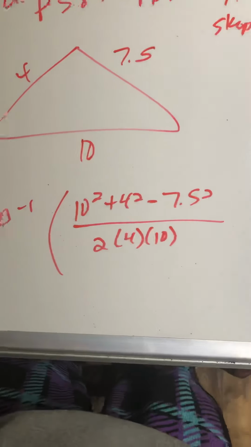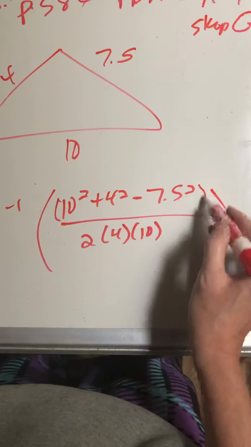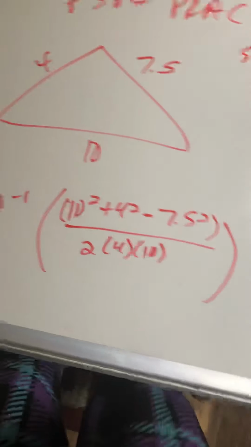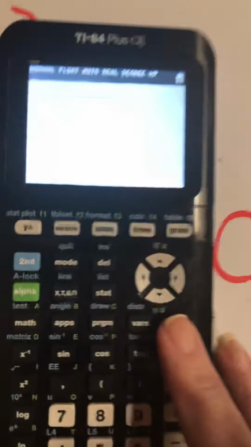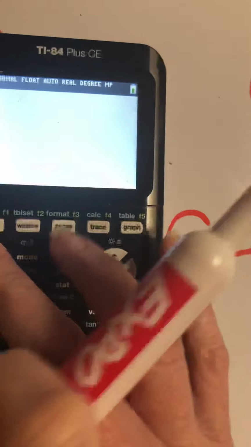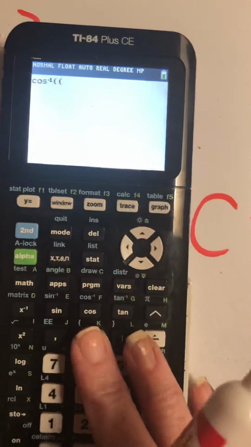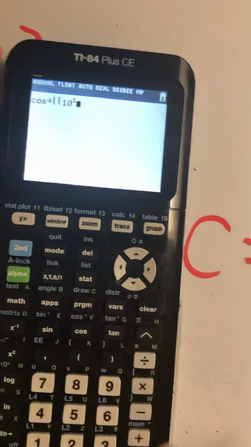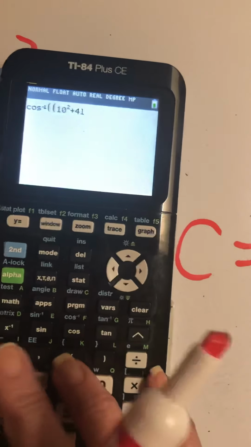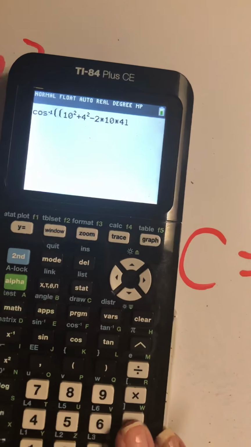Now be very careful when you put this on your calculator. You have to put an extra set of parentheses around the numerator. So let me show you how to put it in, just to make sure you don't miss it by putting it in your calculator wrong. So it's inverse cosine, then a set of parentheses, 10 squared plus 4 squared minus 2 times 10 times 4.